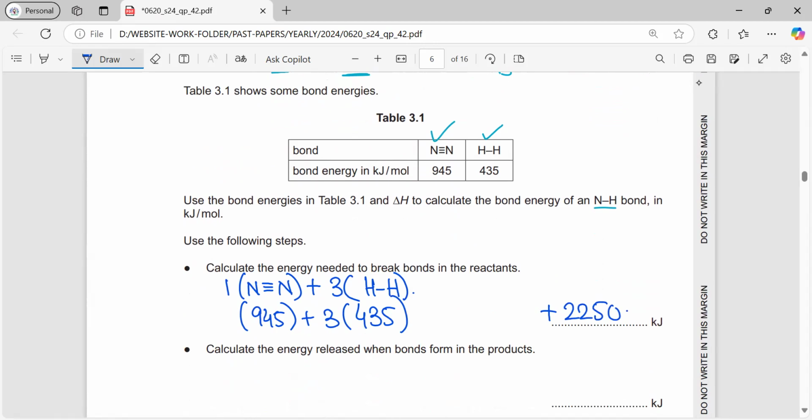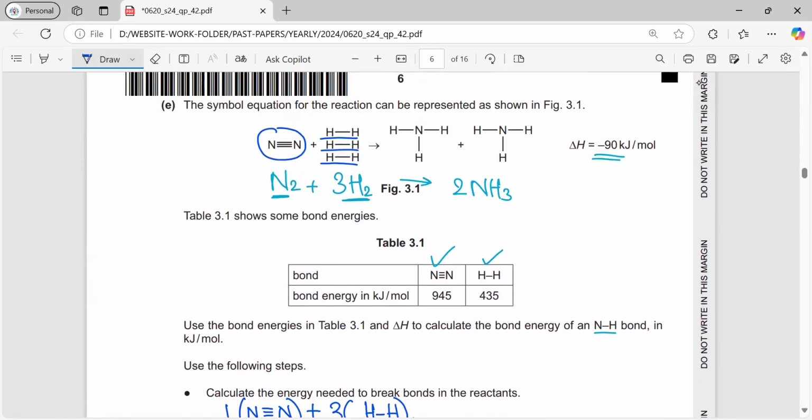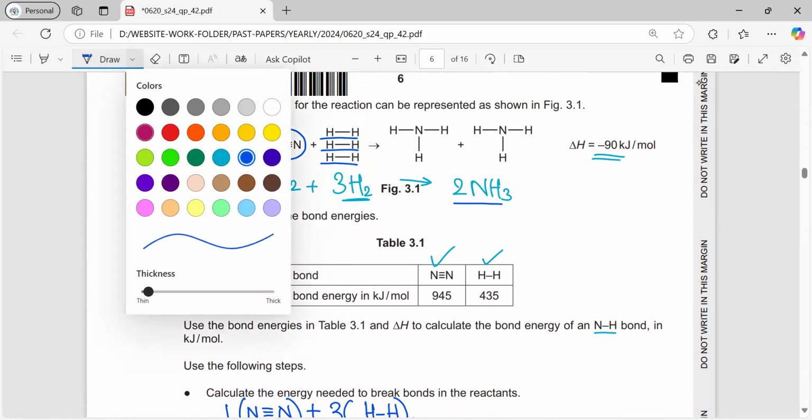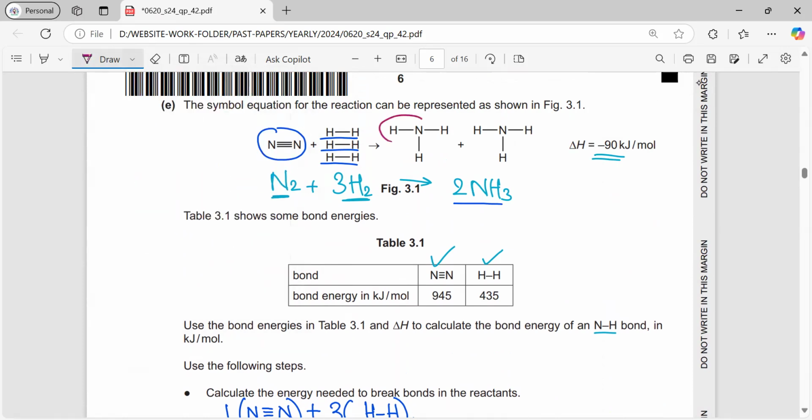For the next one, the energy released will be for 2 NH3. In 2 molecules of ammonia, as you can see in the structure, there's 1, 2, 3, 4, 5, and 6 N-H bonds.